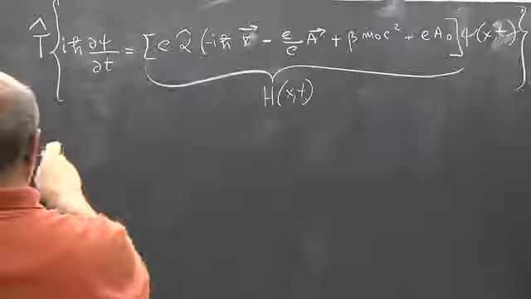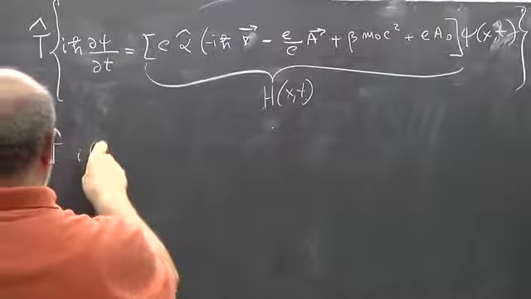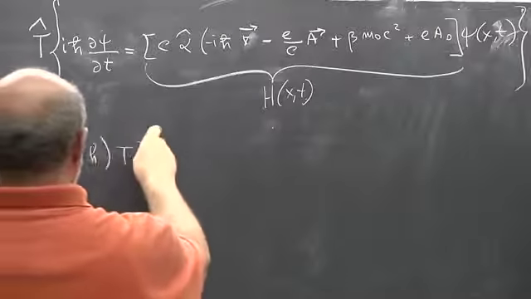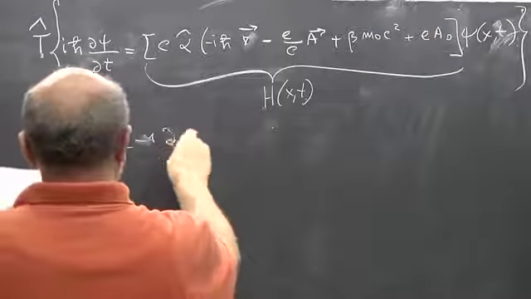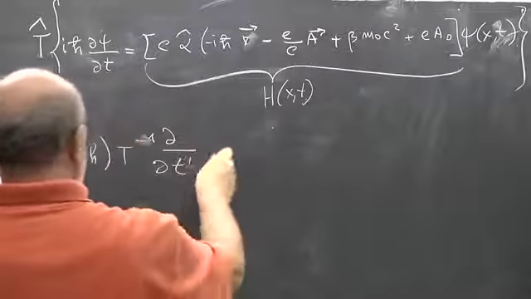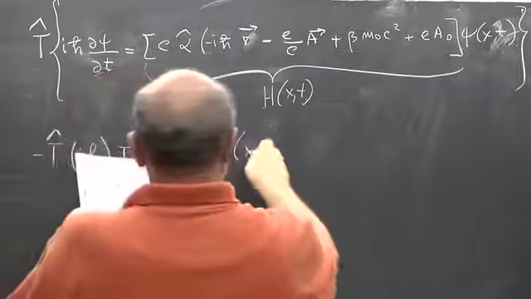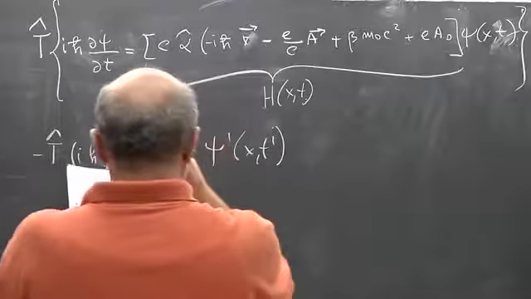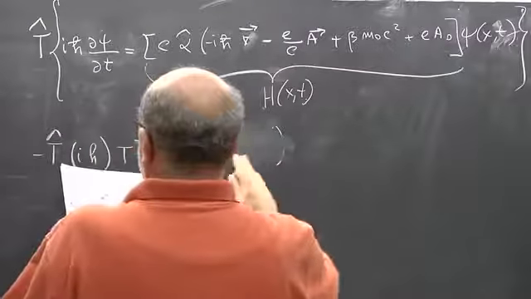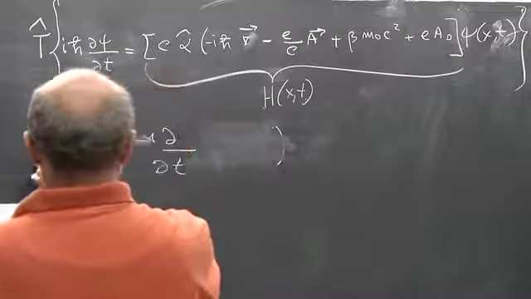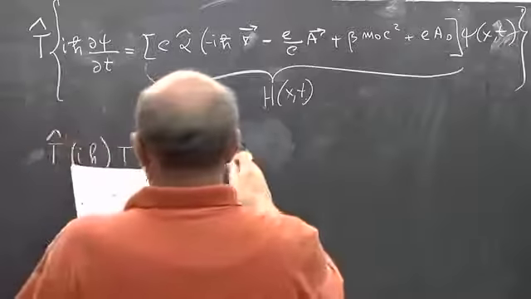Is equivalent to minus T i h T to the minus 1, derivative with respect to t prime. Let me finish, and then x t prime. No, sorry. Let's do this.